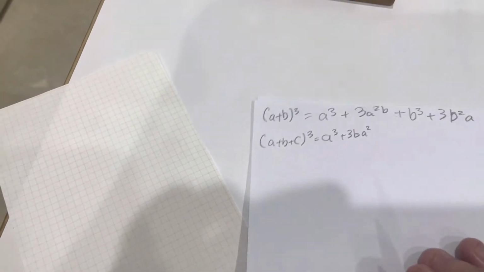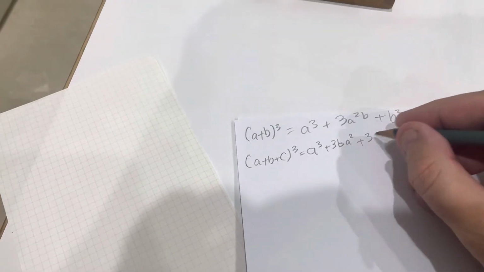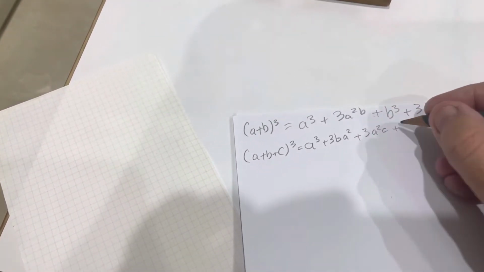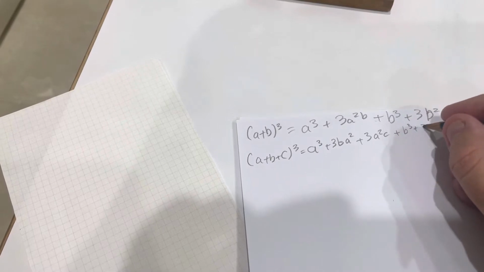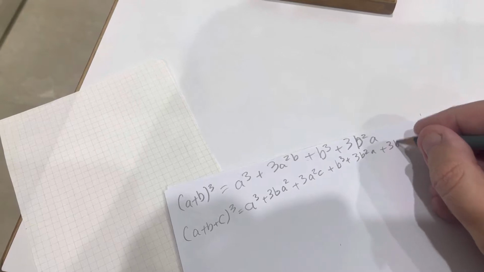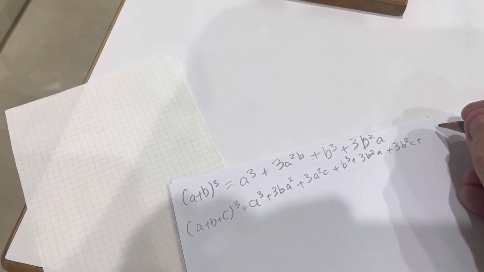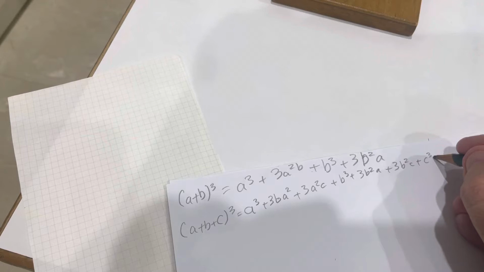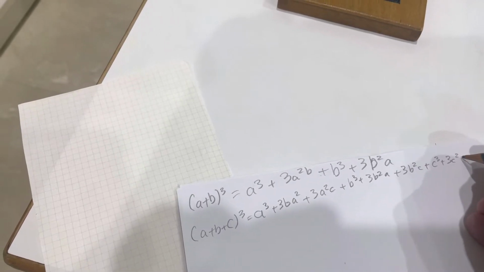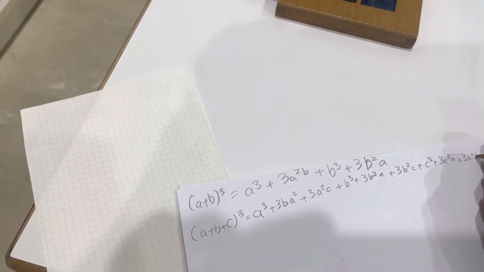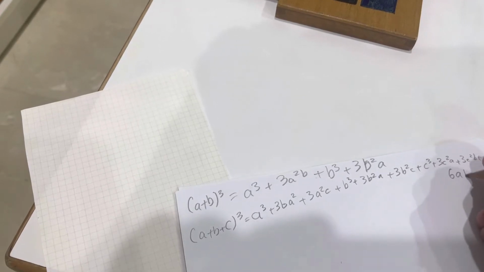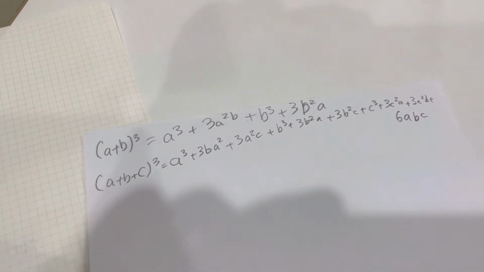It doesn't matter if I say b or the a first, plus 3a squared c plus b cubed plus 3b squared a plus 3b squared c plus c cubed plus 3c squared a plus, I'm boring you at this point, but you'll see how it goes, plus 6, I've run out of room on my paper, 6abc. I think I got everything in there. Kind of wrote it out quickly.